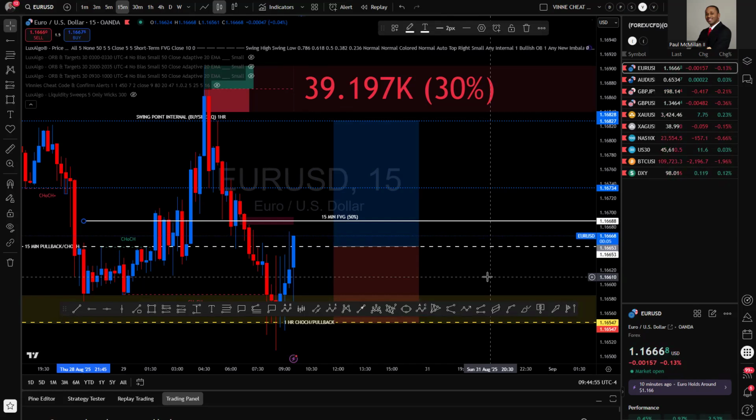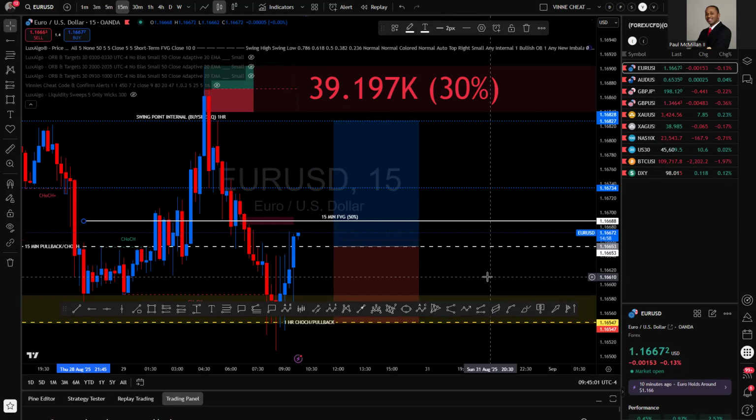The fair value gap is forming. 3, 2, 1. Didn't close with strength.